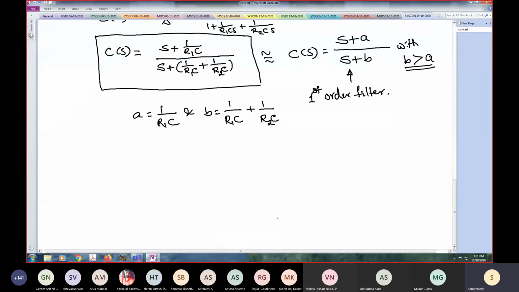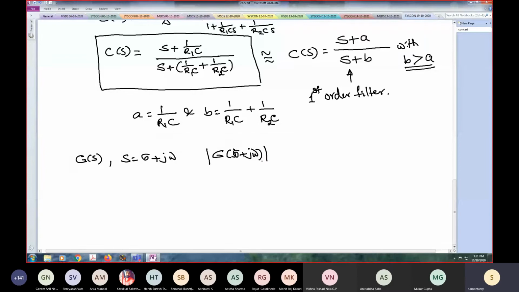Usually when you have a transfer function G(S), where S is any arbitrary complex number, sigma plus j omega, then we write the magnitude of G(S).